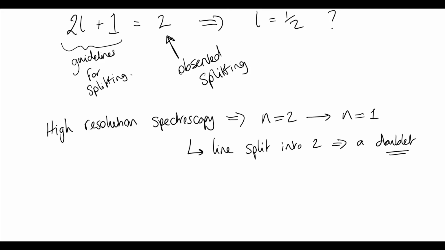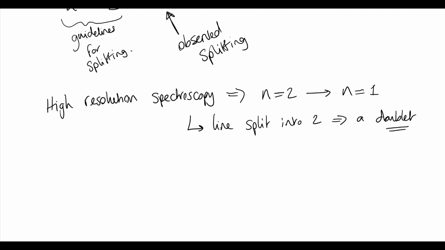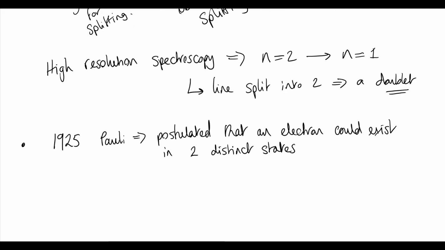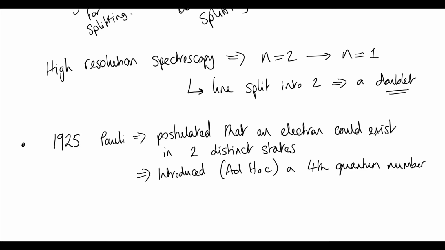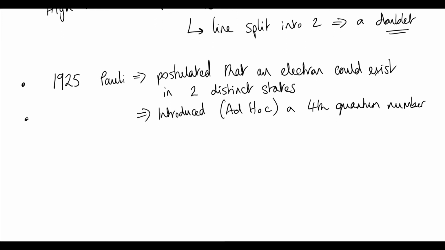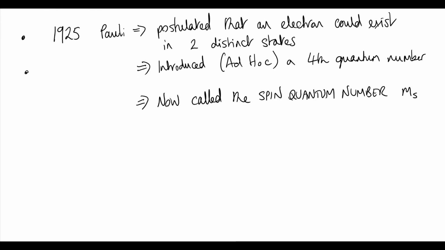Now this fourth quantum number is called the spin quantum number, and we'll label that as m sub s, and it's restricted to values of plus or minus a half. So let's try to summarize that over the next few lines. So yes, Pauli introduced a fourth quantum number, that is now called the spin quantum number.